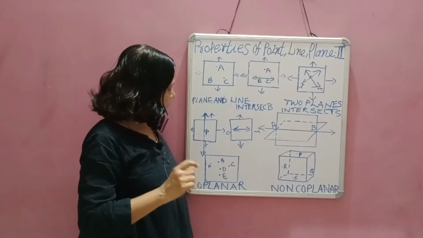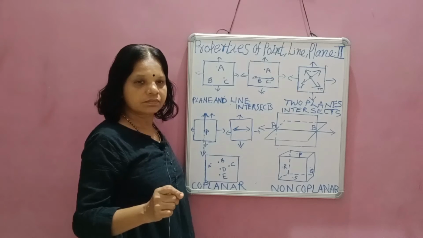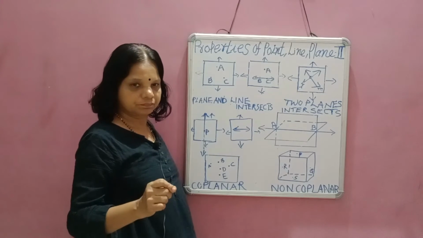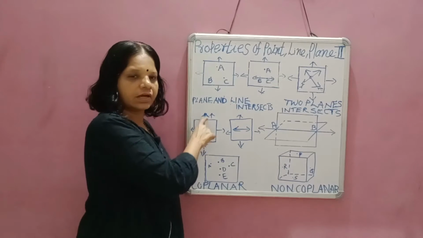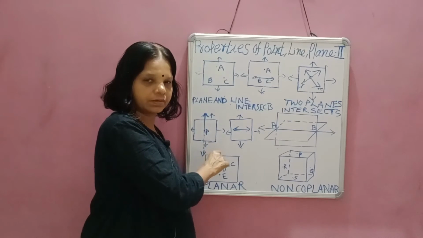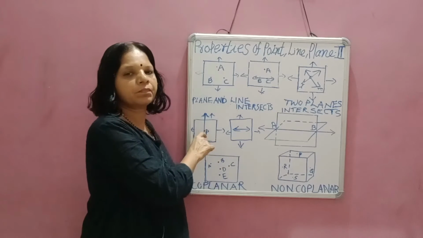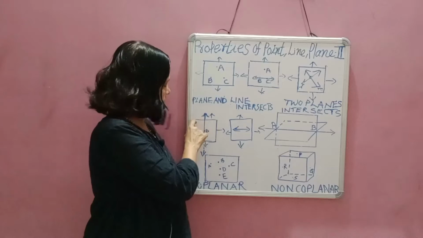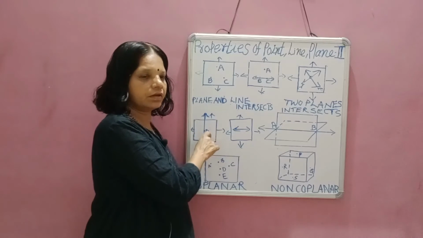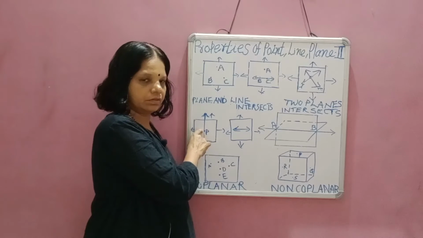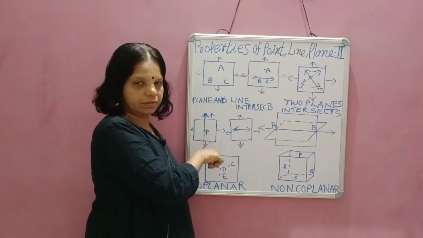When a plane and a line intersect, what is the common part? See this. In this case, the line is not in the plane. Then their intersection is a point. The intersection of the line and plane is a point P, when the line is not in the plane.